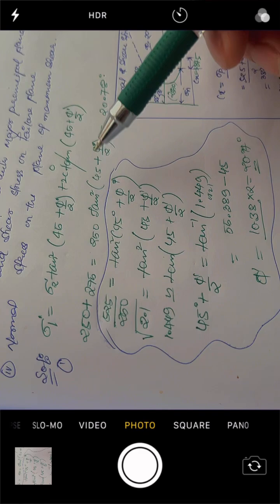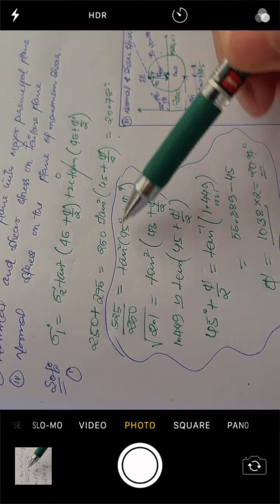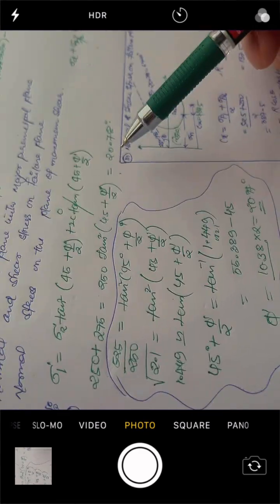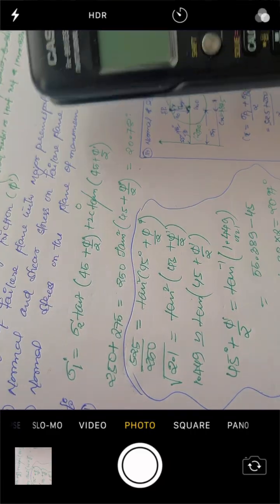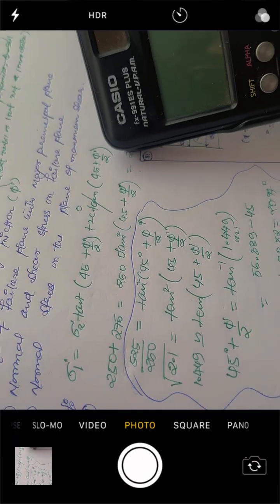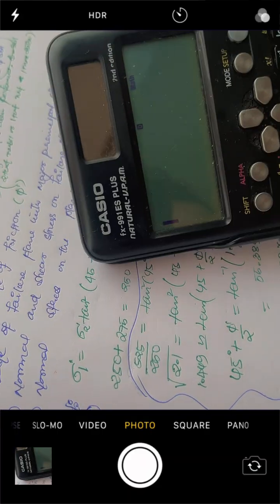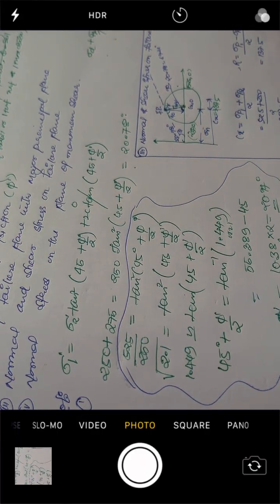And after that we'll come back to this place, and by using a calculator you can solve it directly using the alpha method, but in the GATE examination it is not allowed.